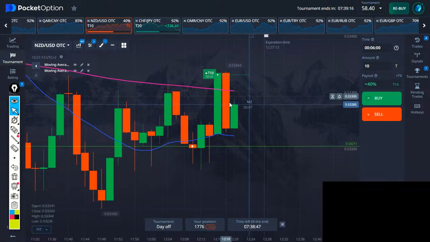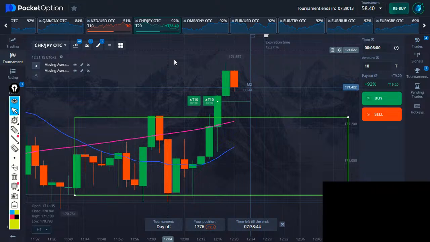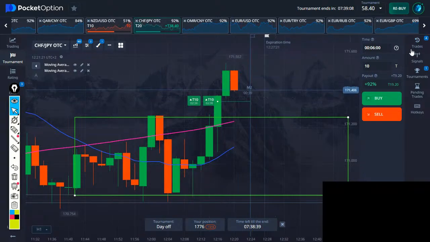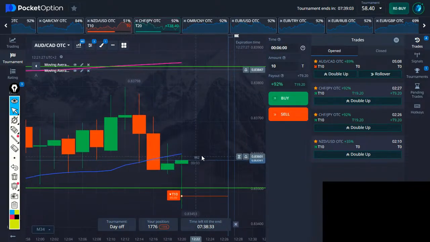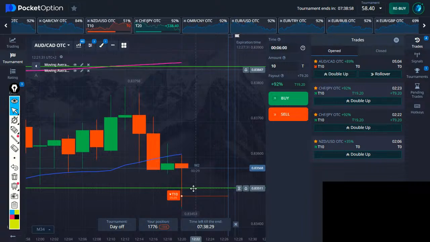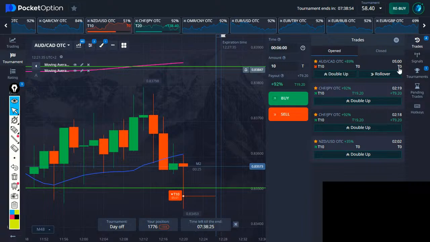The buyers are clearly stronger. Let me see that AUD CAD thing. See that? Unbelievable. I took it a little bit early. However, if it breaks out again, I'll take two more.